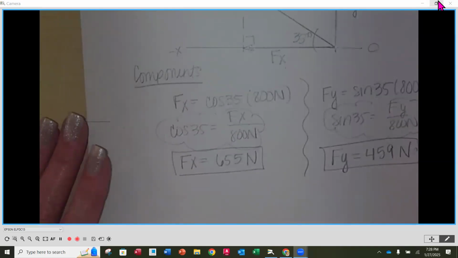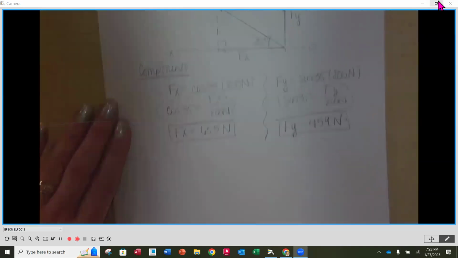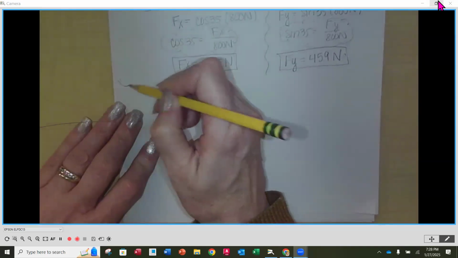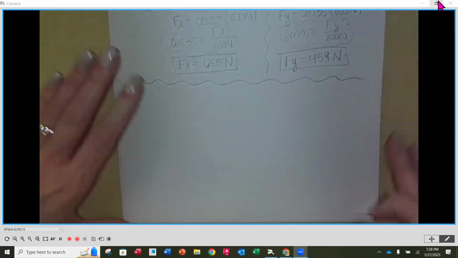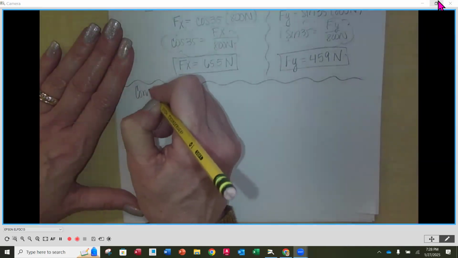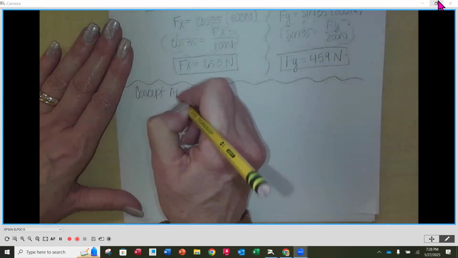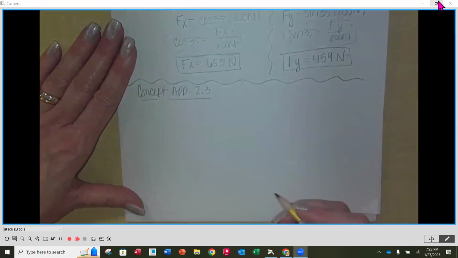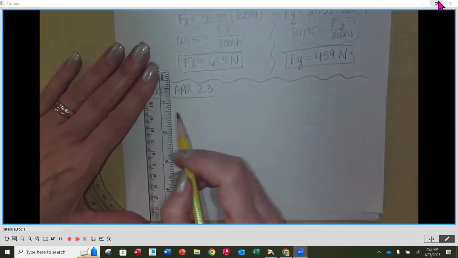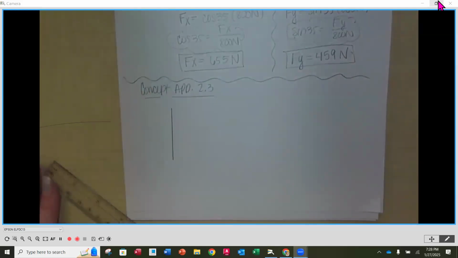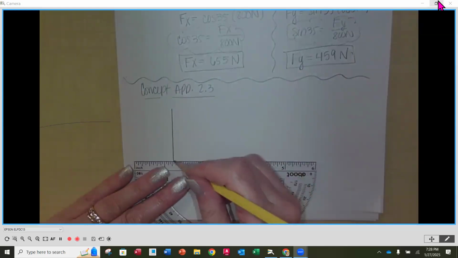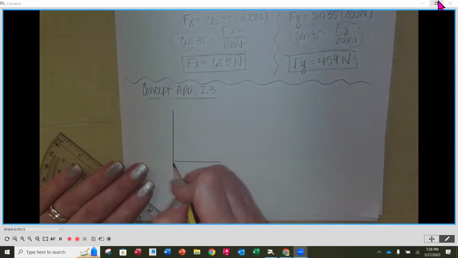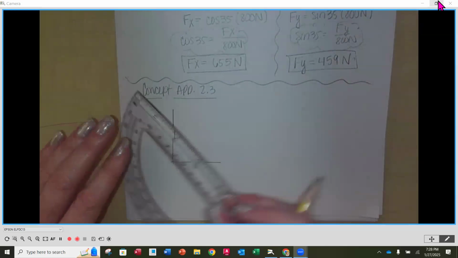Hopefully I should be able to fit it at the bottom here. So this is concept application 2.3. In this case, we have the X and Y components, and we're going to find the actual force, or the resultant.